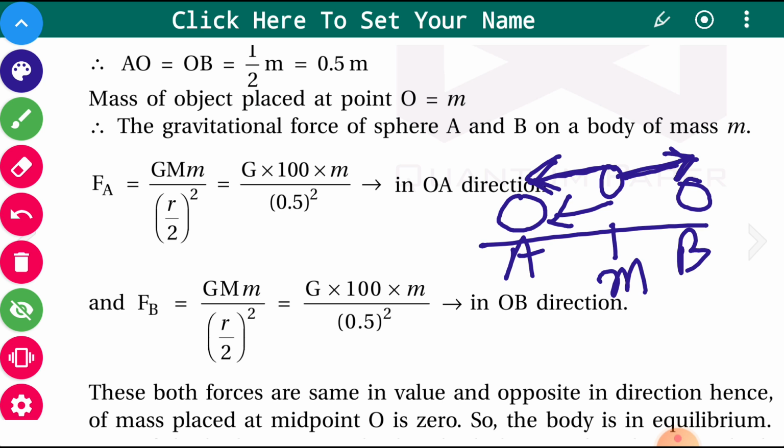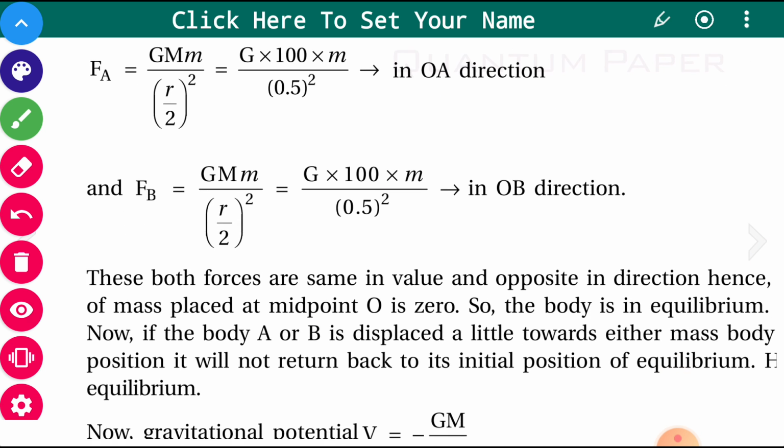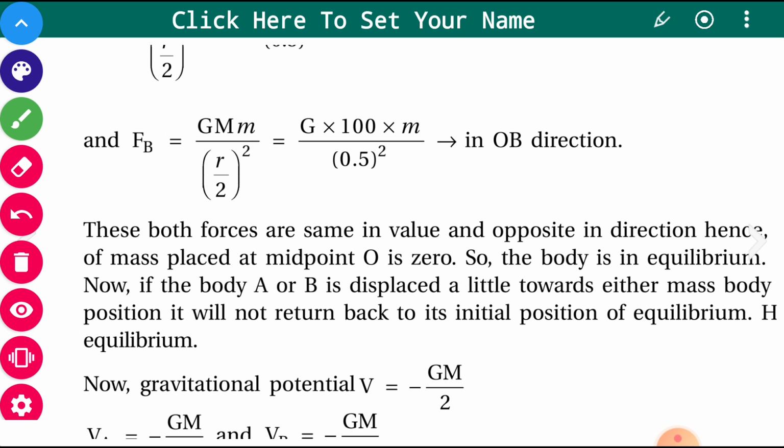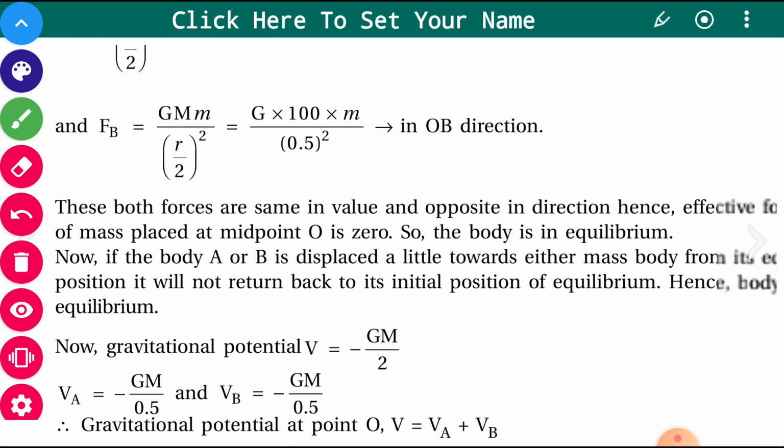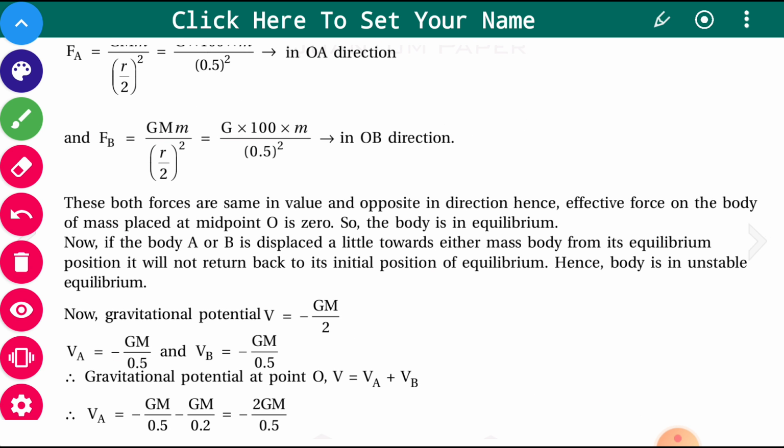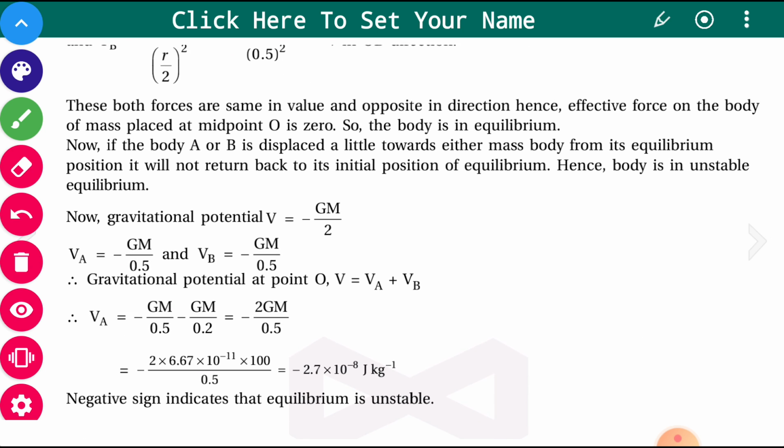You will get the same magnitude because the other object is also 100 kg. So two equal and opposite forces are acting on this object placed at the midpoint. So the net force will be 0. So the body is in equilibrium.